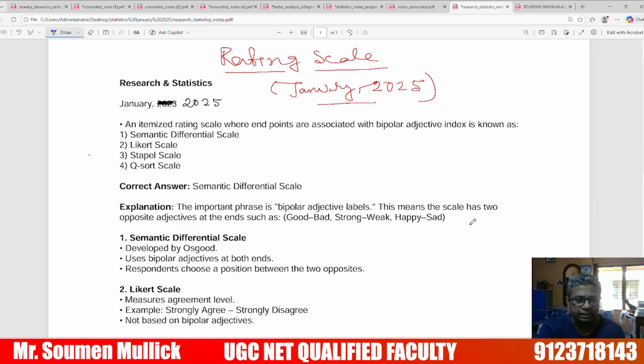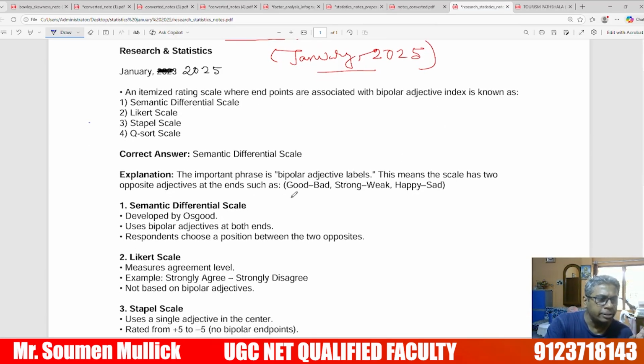This means the scale has two opposite adjectives at the end points, such as good, bad, strong, weak, happy, sad. The symmetric differential scale, developed by Osgood, uses bipolar adjectives at both ends and the respondent chooses a position between the two opposites.